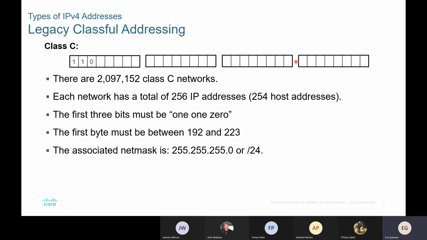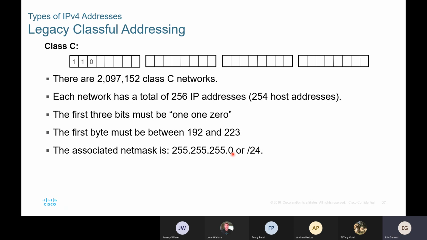If the separation is done here, how many 1 I need in the net mask? 24, exactly, saying that all these 24 bits belong to the network portion, and all these 8 bits belong to the host portion. So the net mask associated will be a /24, which is 255.255.255.0.